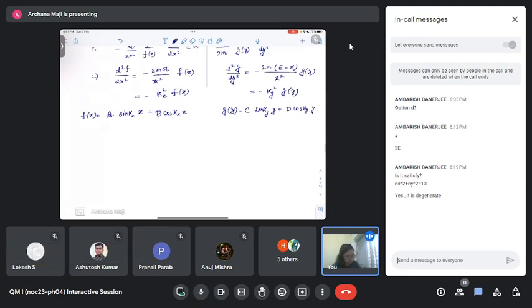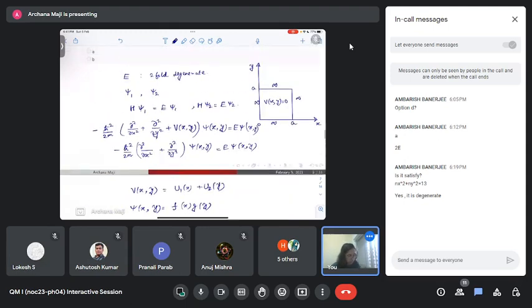Now we again need to put those boundary conditions, that is the wave function should be 0 along this entire boundary.